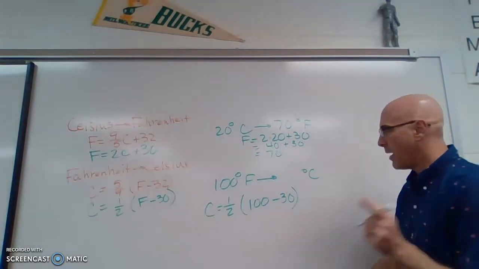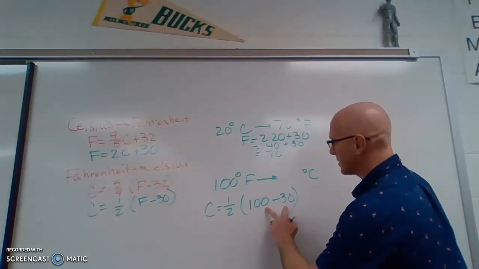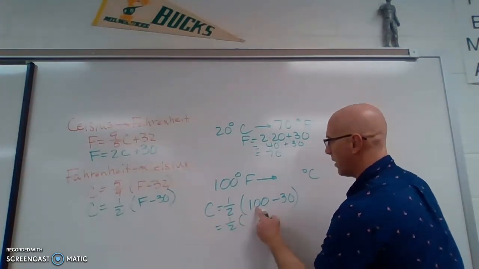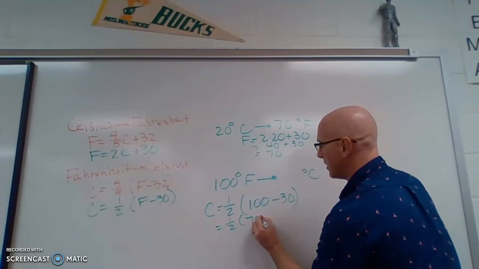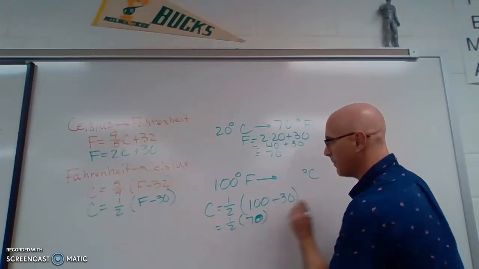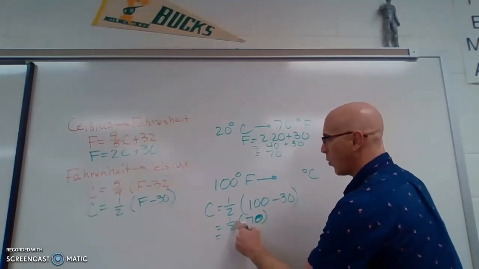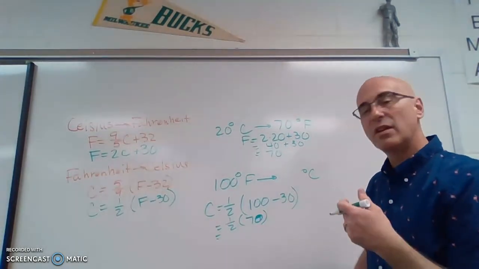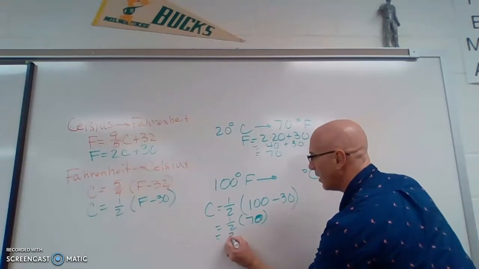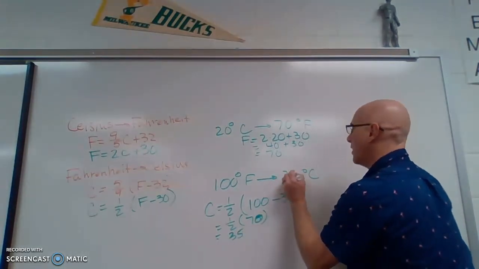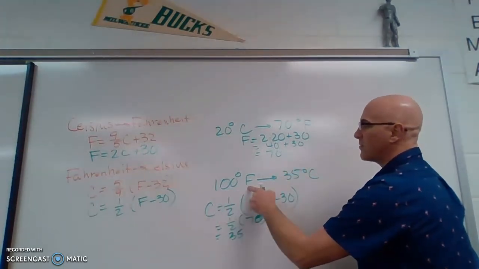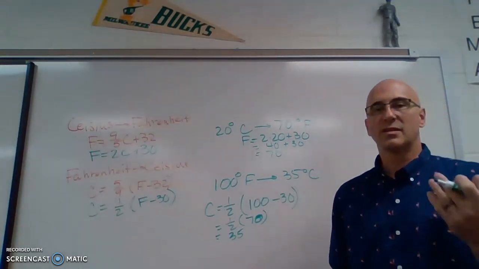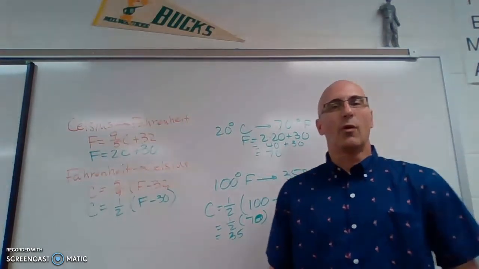Now, we're going to use our PEMDAS, so we're going to use our parentheses first. 100 minus 30 is 70, all right? Now, if I take 1/2 of 70, that's the same as 70 divided by 2. I get 35. So 100 degrees Fahrenheit is approximately 35 degrees Celsius. Now we go and practice.